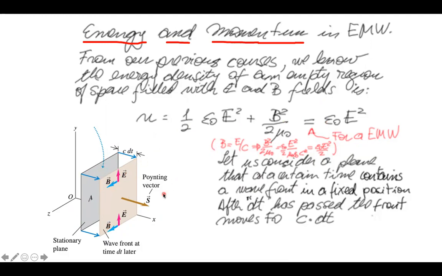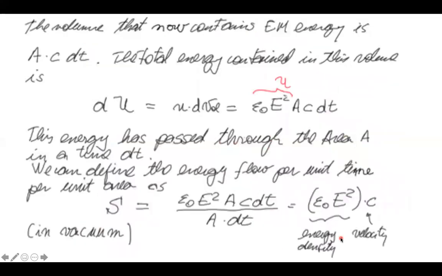Okay, let's go to the next viewgraph. The volume that now contains this electromagnetic energy is A c dt, the differential volume. So the total energy contained in this new volume is the energy density times the volume. So this is the energy density, and that's the volume.